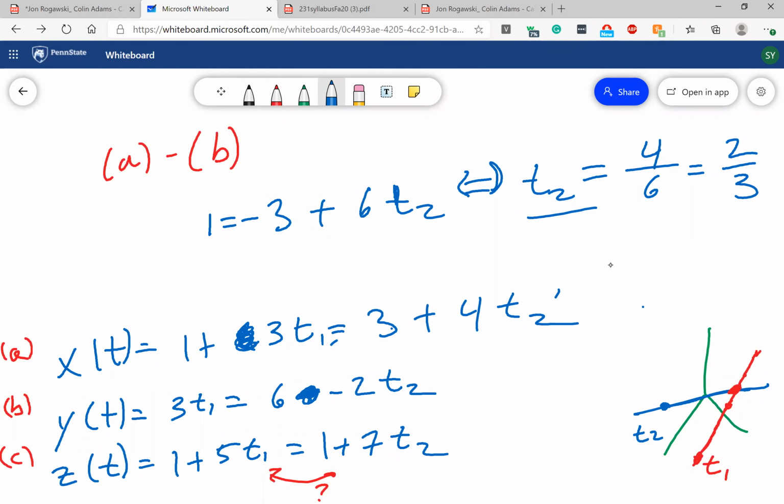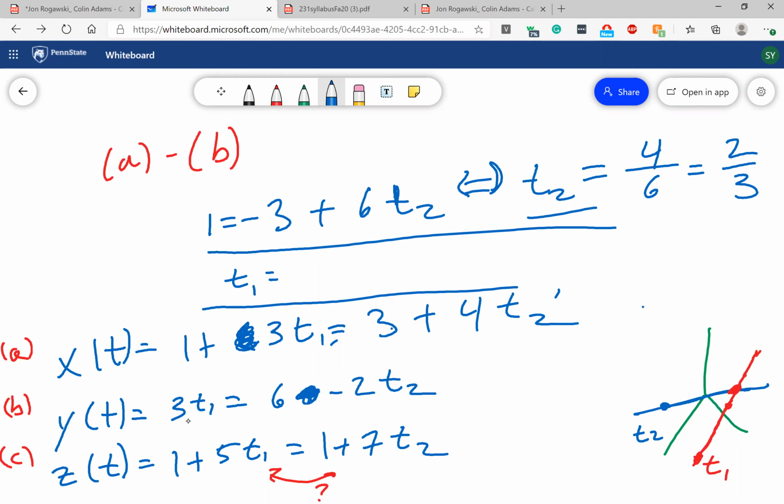All right. Okay, so now let's try to solve for T1 over here. T1 is going to be, so let's divide by 3. So it's going to be 6 over 3, which is 2, minus 2 over 3 times T2, which is 2 over 3.